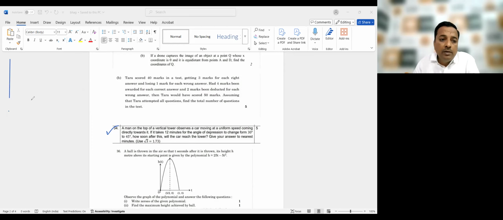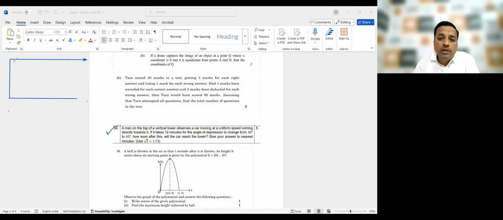Okay, so this one is the supposed observation tower, and the car is moving toward it. The car is coming toward the tower. And for the angle of depression, we have to draw a parallel line for this, if you remember we discussed it.